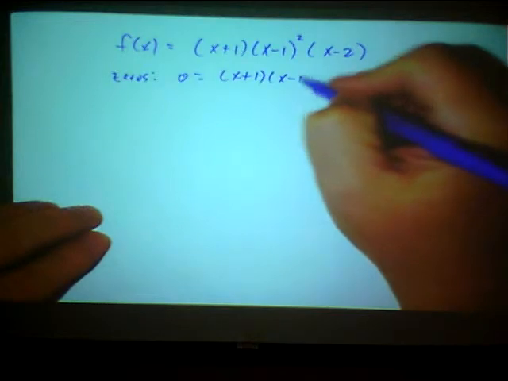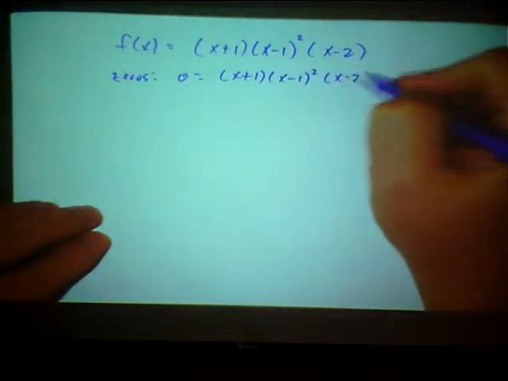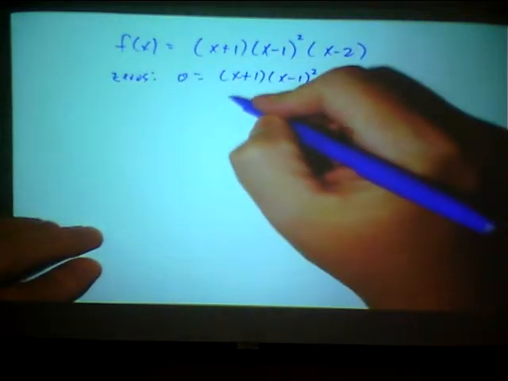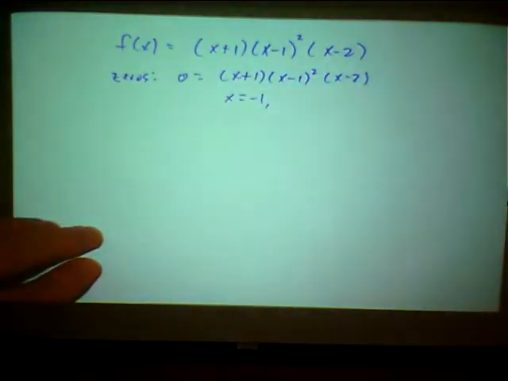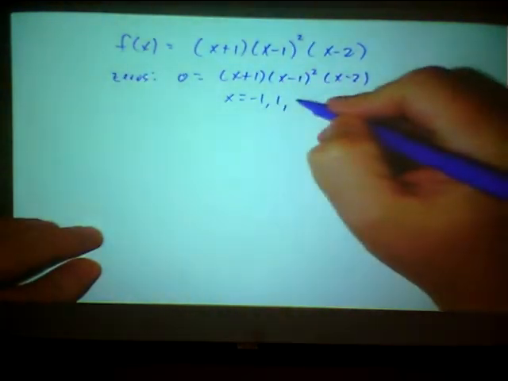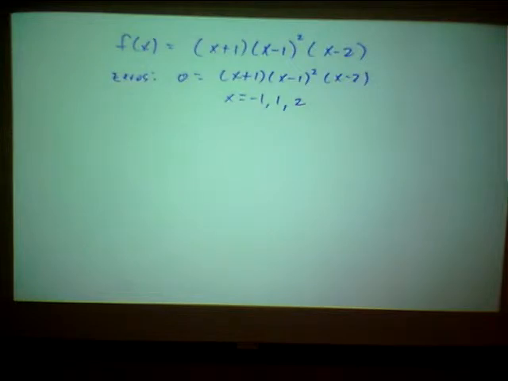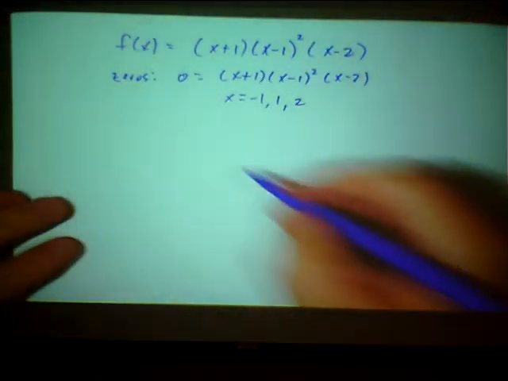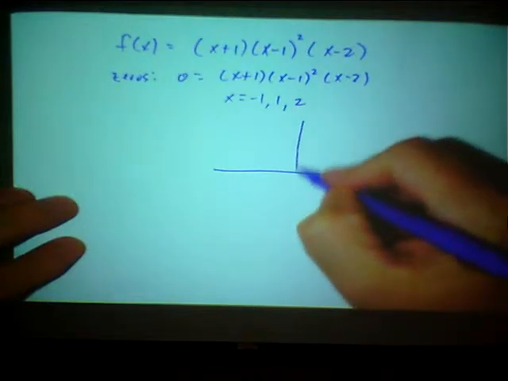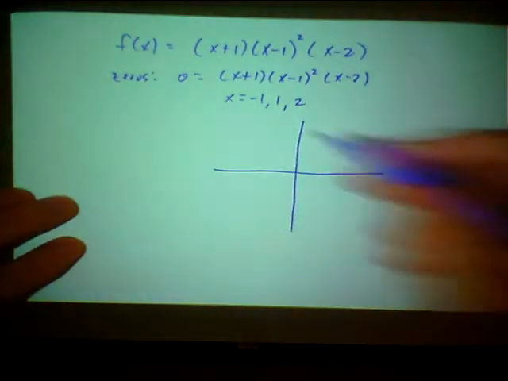So I look at each of these factors and determine what value of x would cause each factor to be 0. My first parenthesis, x would be negative 1. The second parenthesis, x would be 1. This last parenthesis would be 2. So there are my zeros. So now I can start to create my graph. I've got 3 zeros.